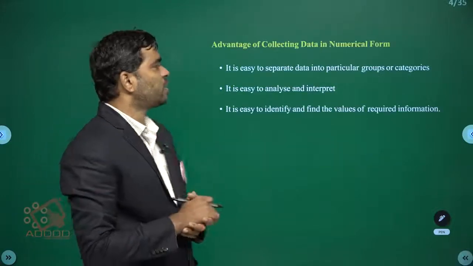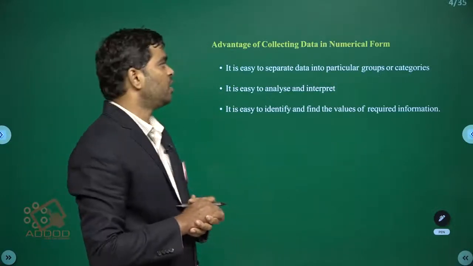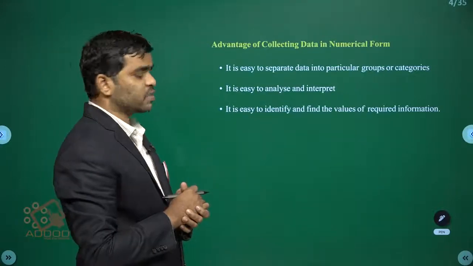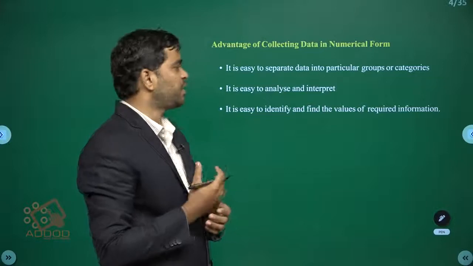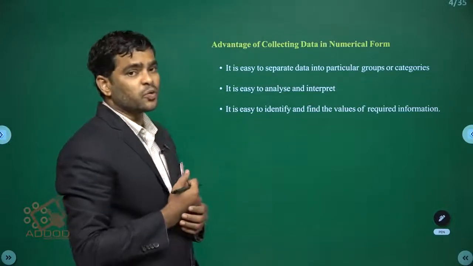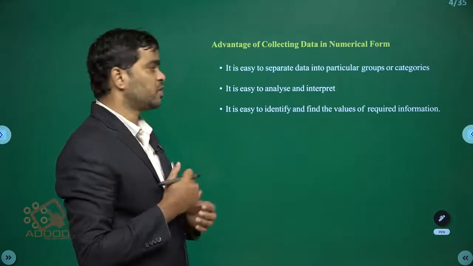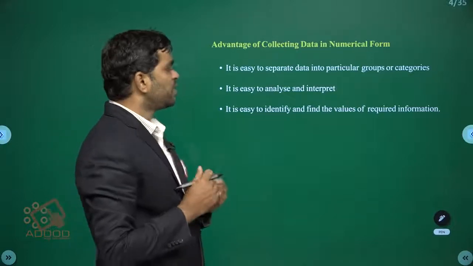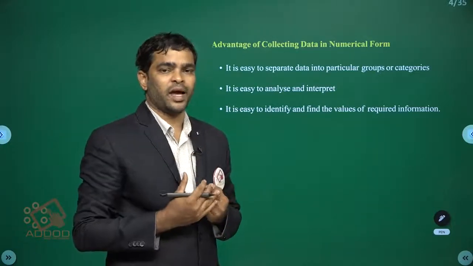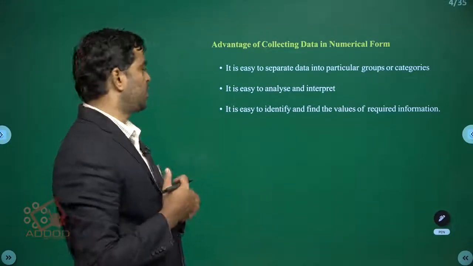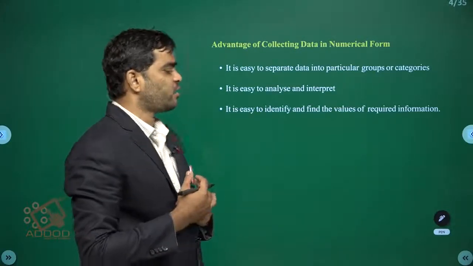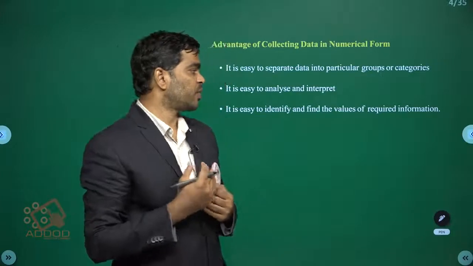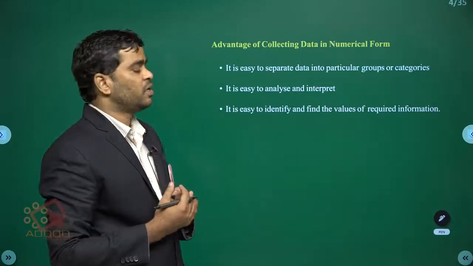What are the advantages of collecting data in numerical form? The first advantage is that it is easy to separate data into particular groups or categories. Second, it is easy to analyze and interpret the data. Third, it is easy to identify and find the values of required information.